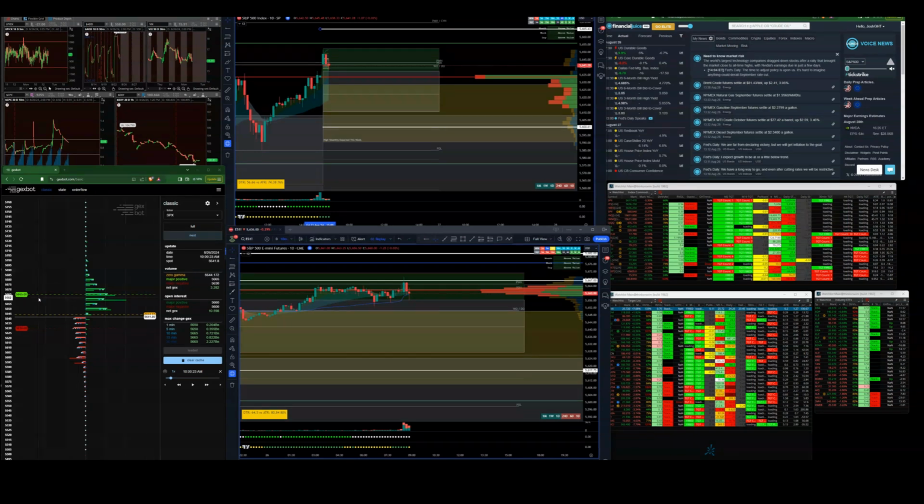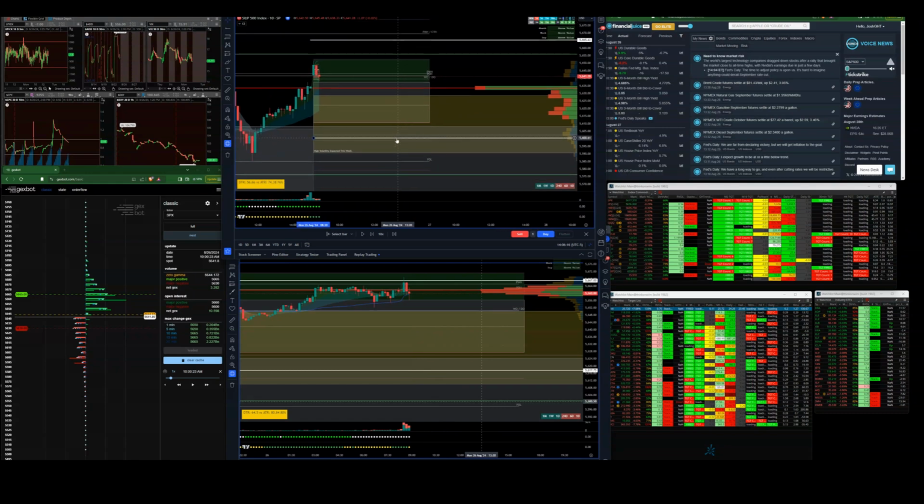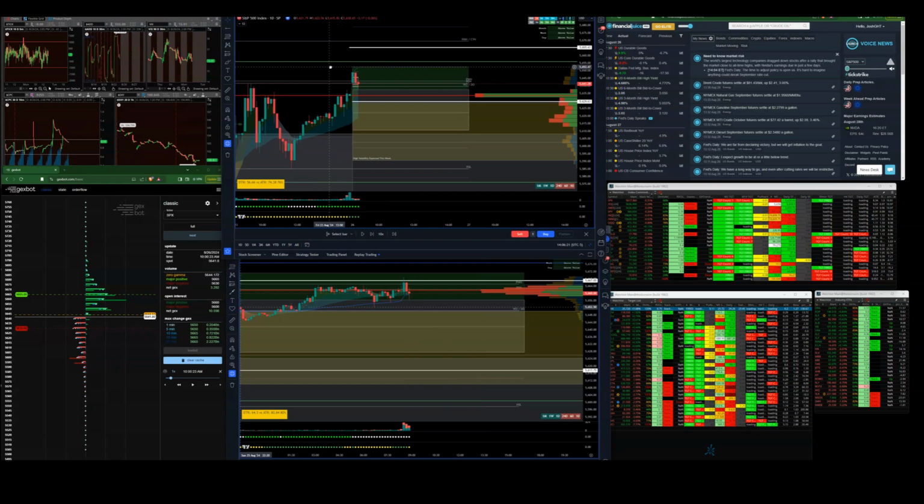Check out these two levels. I will plot them on the SPX chart here on the top. So we had 5630.